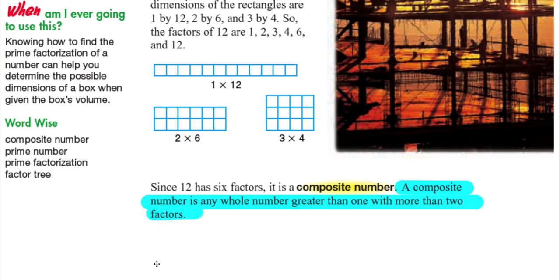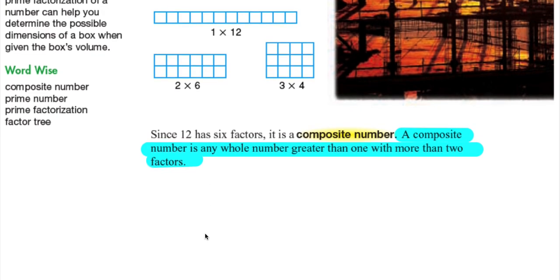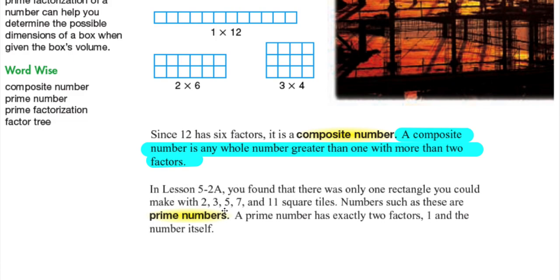After the previous lesson that we just had, when you create rectangles and you have more than one rectangle, the number is considered to be a composite number.